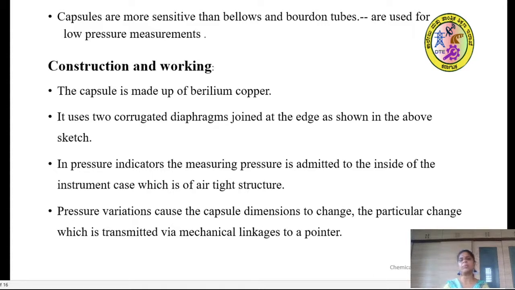On application of the pressure, there will be a change in the dimension of the capsule, which causes the pointer to move on the calibrated scale. So this is the working and construction of the capsule, the pressure measuring equipment especially used for measuring very low pressures. I think you are understanding.